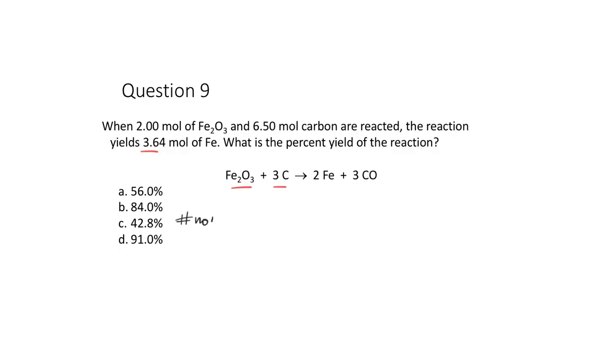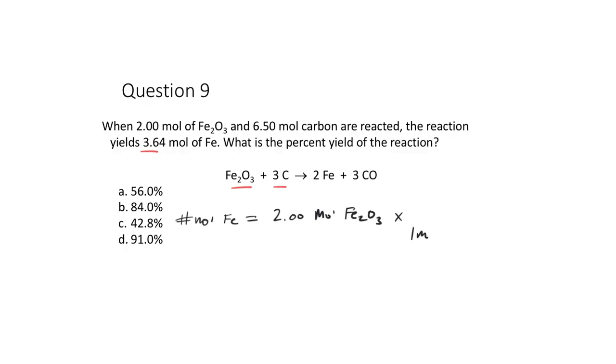Let's calculate the number of moles of iron you would get if you produce it from all of the available Fe2O3. This kind of goes back through the problem we were solving before. I forgot to write the mole in. I wrote that sloppy. Let me write this again. 2.00 mole Fe2O3.